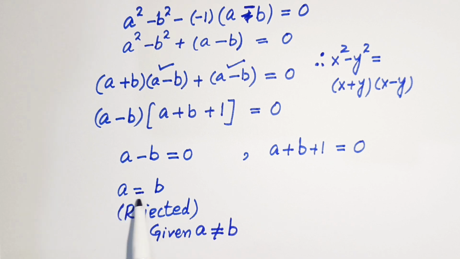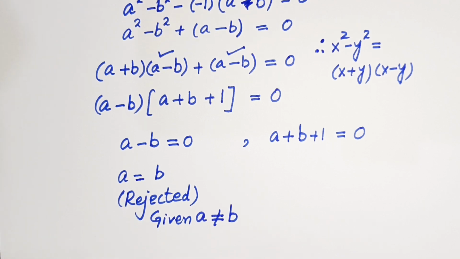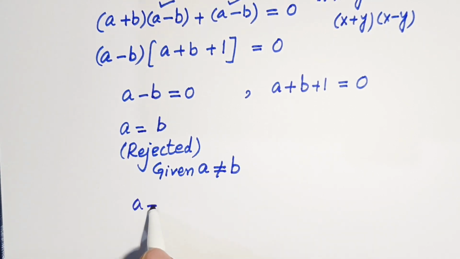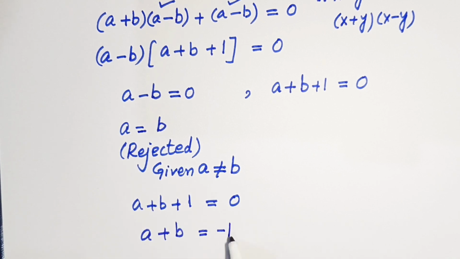Now if we solve our second case, a plus b plus 1 is equal to 0, then if we shift this plus 1, we get a plus b is equal to minus 1. So let us consider it our equation number 3.